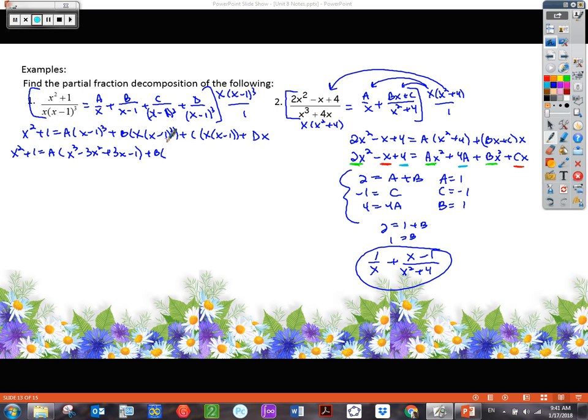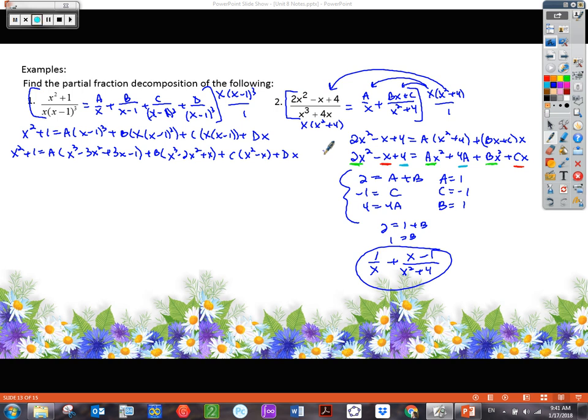When I do that, I get x cubed minus 2x squared plus x, plus c, I've got to distribute the x, so I get c times x squared minus x, and I get d times x.